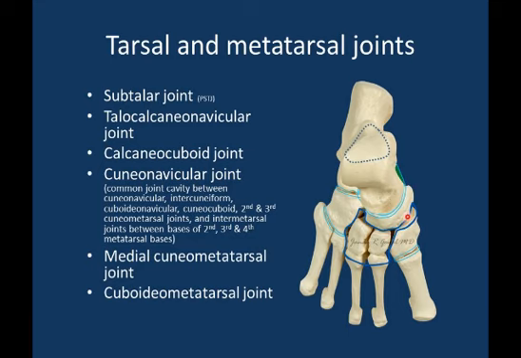The articulation between the navicular and the cuneiform bones, the articulation between the cuneiforms, the articulation between the lateral cuneiform and cuboid, navicular and cuboid, and the tarso-metatarsal articulation in the second and third tarso-metatarsal joints, and the intermetatarsal articulation between the second, third, and fourth metatarsals form one continuous joint cavity called the cuneo-navicular joint.